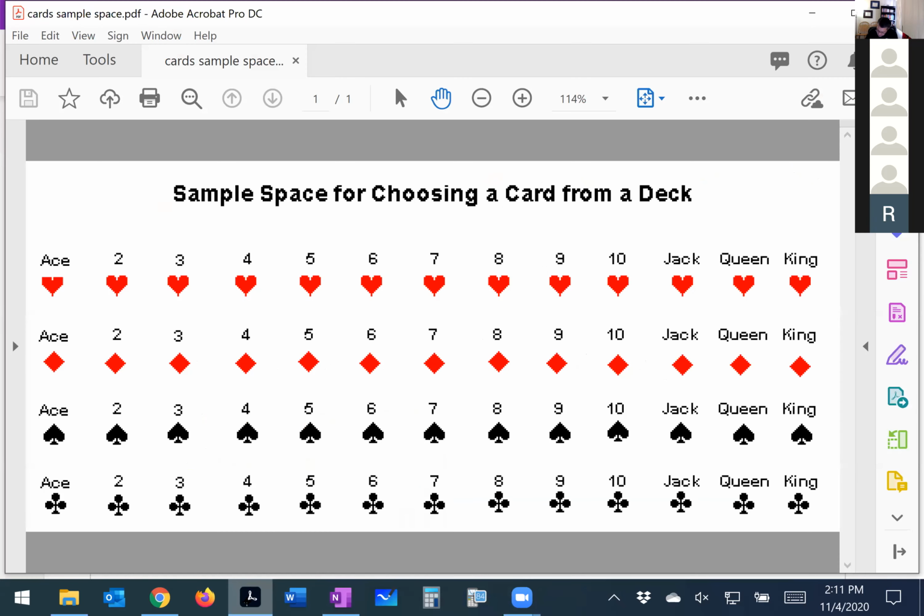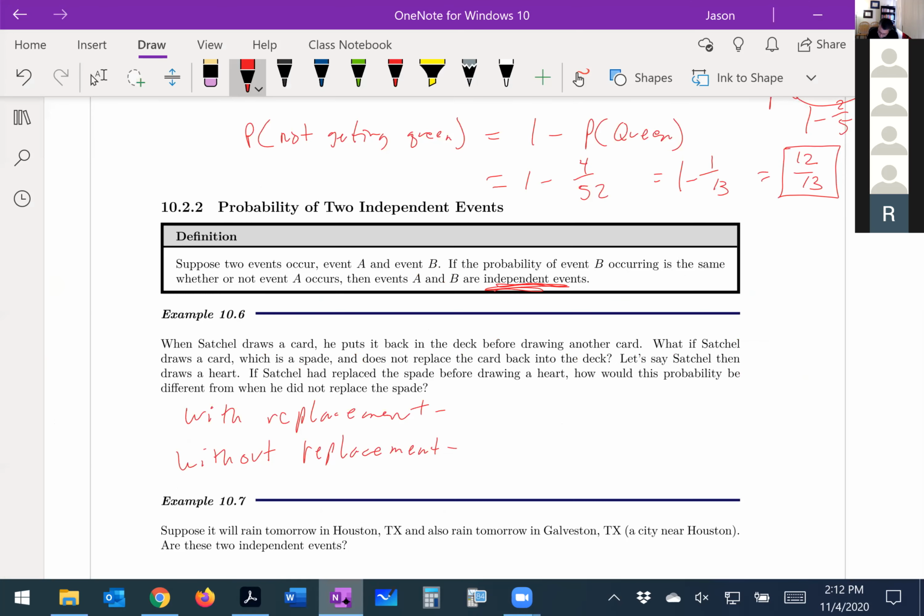The probability of getting a spade, which is these arrowhead looking things, is 13 out of 52, or 1 out of 4. The ace, 2, 3, 4, 5, 6, 7, 8, 9, 10, jack, queen, king of spades. That's 13 cards out of 52.